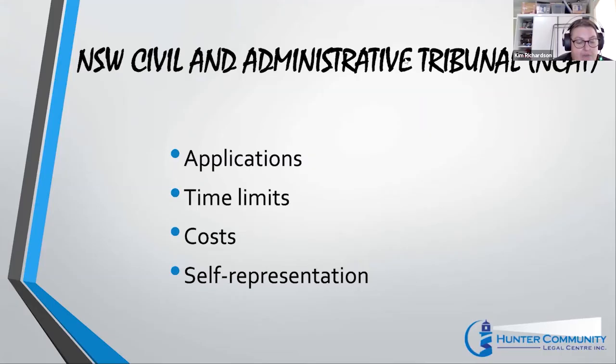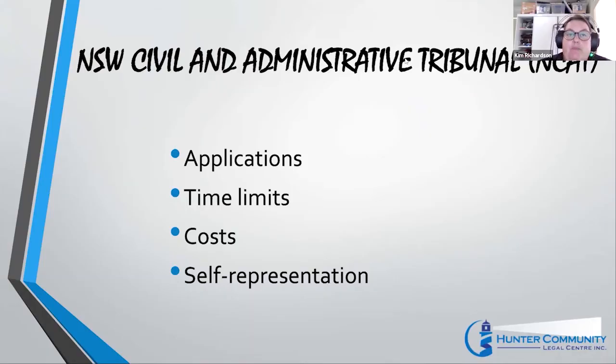There is an NCAT registry in Newcastle, and the details are available on NCAT's website. A Fair Trading centre, your local tenants advice and advocacy service. They are also available on NCAT's website. The application form includes advice on how to fill it in. If you are after an urgent hearing, you can attach a letter saying why your application is urgent.